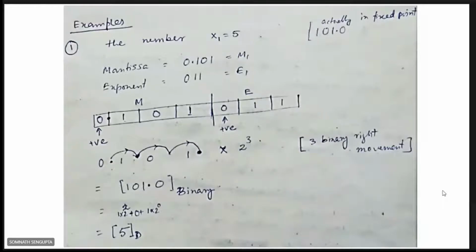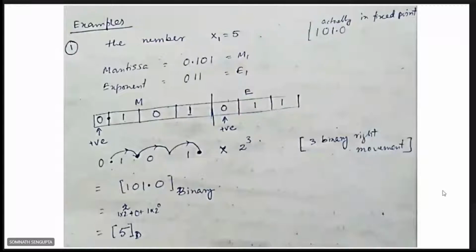In floating point, the first part is the mantissa and the other part is the exponent. So the mantissa will be 0.101, and it will be multiplied with the exponent part. That will tell you where the binary point would be.